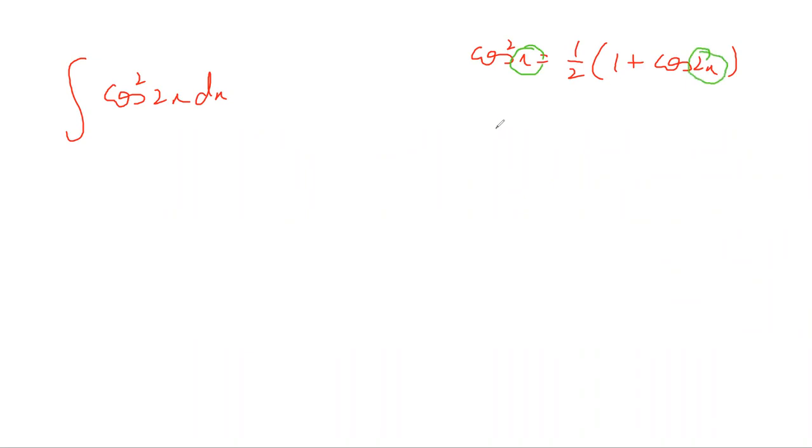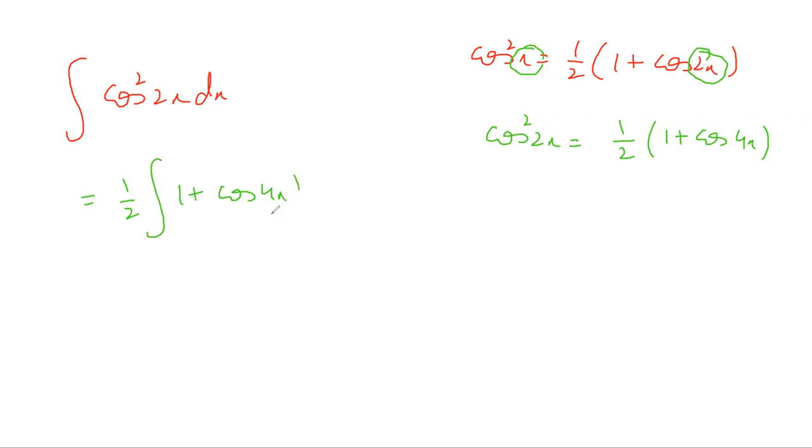So if you have cos square 2x, this should be half into 1 plus cos 4x. So you will change this with half into 1 plus cos 4x, and then you will integrate it. This is going to be half into x plus sine 4x over 4 plus c.